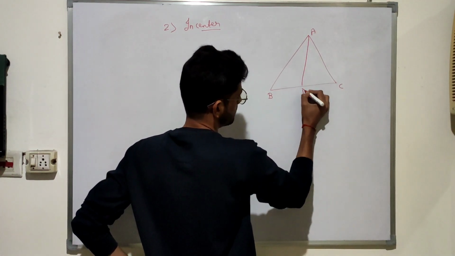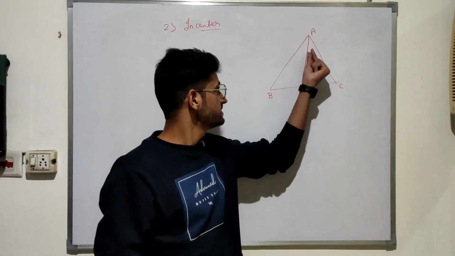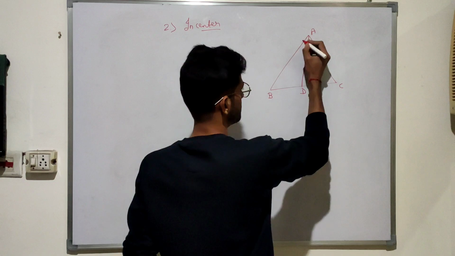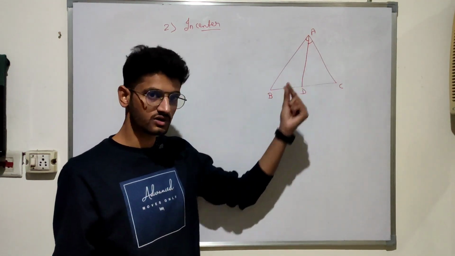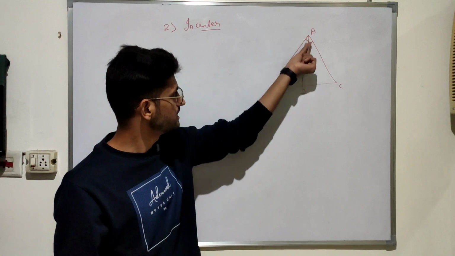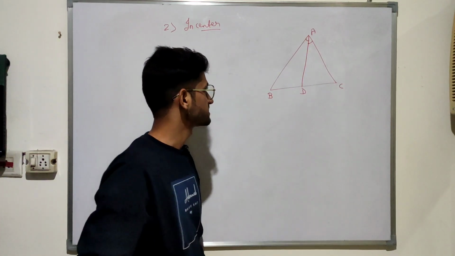So AD is the internal angle bisector, which means that AD divides angle BAC into two equal parts. That is, angle BAD is equal to angle DAC.